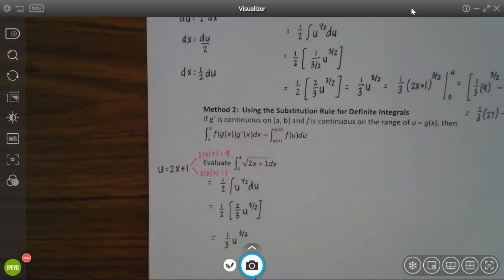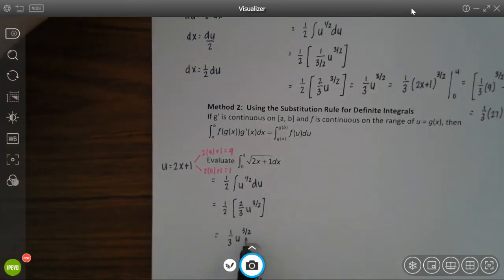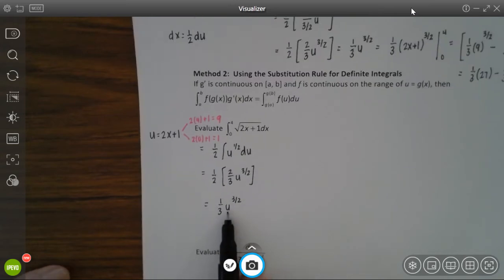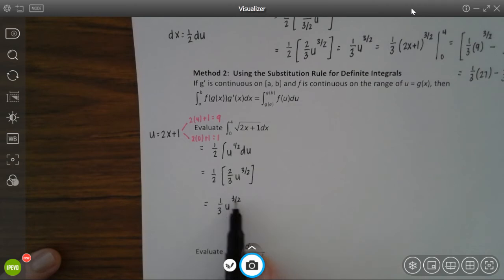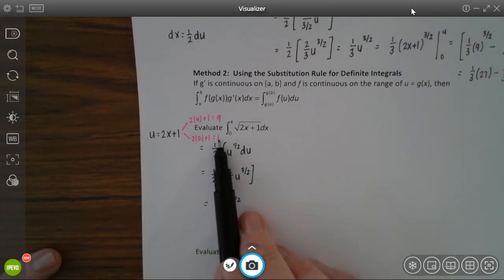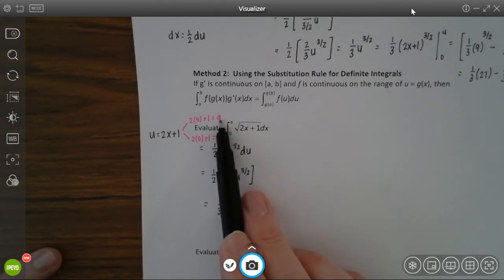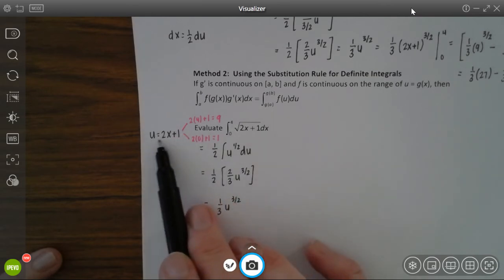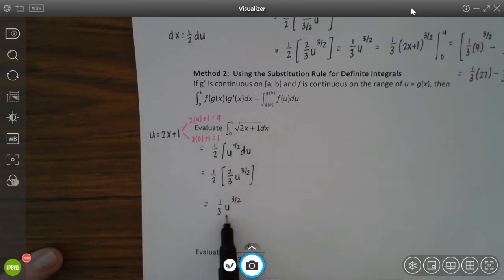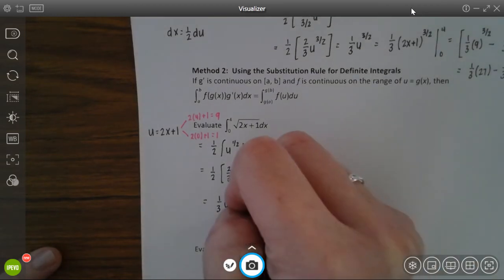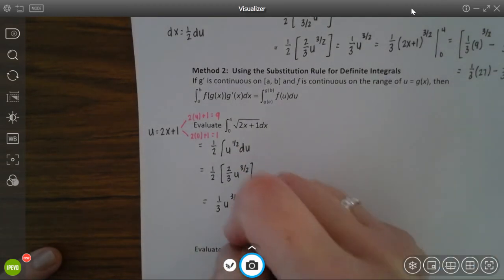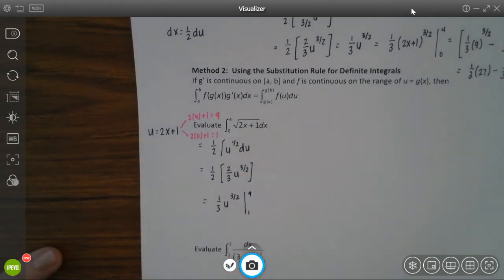So instead of plugging back in what we know to be u, which we said was again 2x plus 1, I'm going to take this function and evaluate it straight at these new bounds, starting at 1 and ending at 9, which are the bounds in terms of u, because we want to evaluate this function in terms of u instead of x. So I'm going to evaluate from 1 to 9.